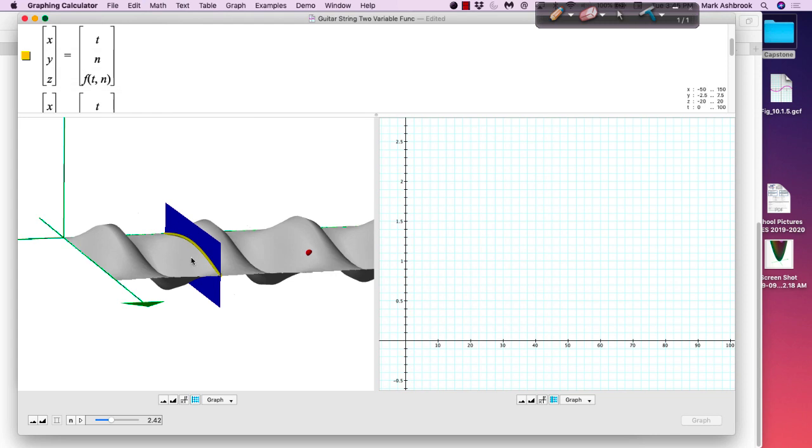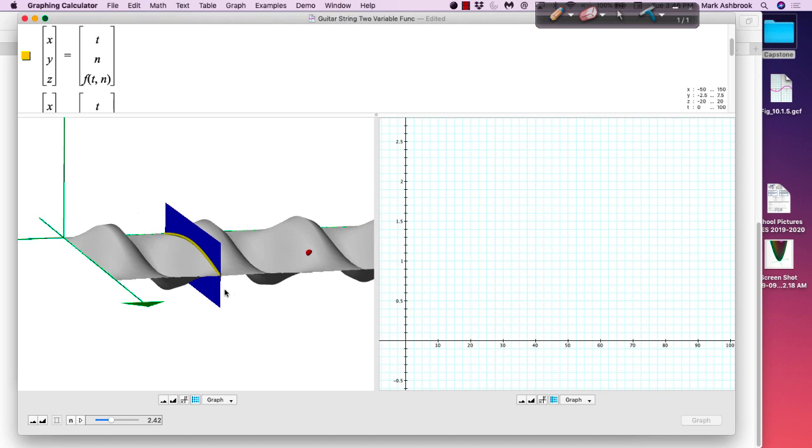So this intersection right there, what is that? That's the guitar string, right? At that moment in time. Because z is the displacement up, x is distance down the string.